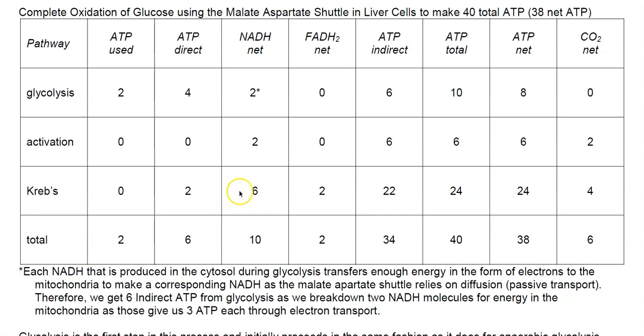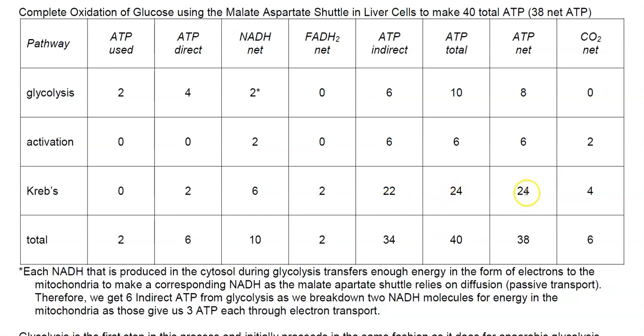So to kind of do the energy summary, we've got 6 NADHs times 3 is 18, 2 times 2 energy equivalents for FADH2, so that's 4. So 18 NADH, 4 FADH2 gives me a total of 22. Total is indirect plus direct, so 2 plus 22 is 24.